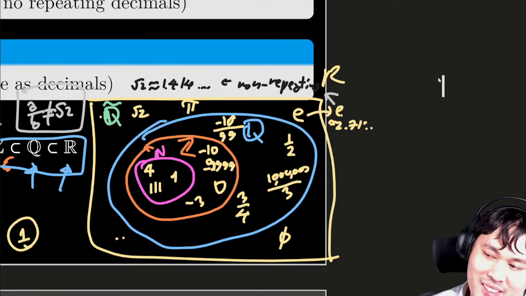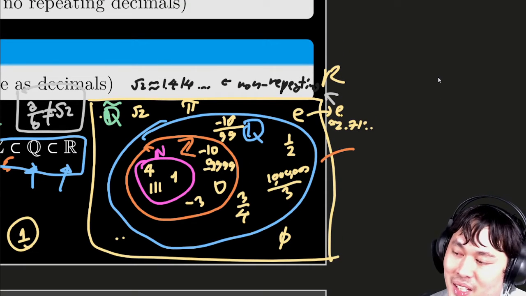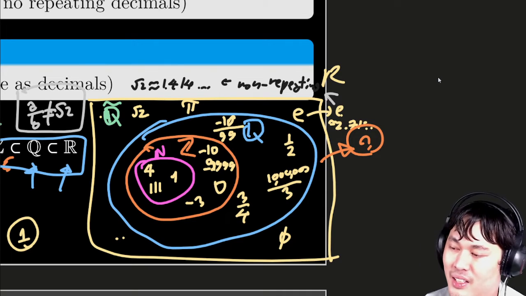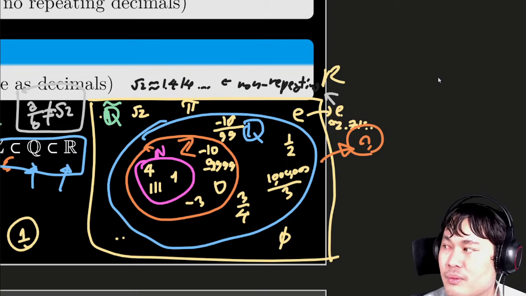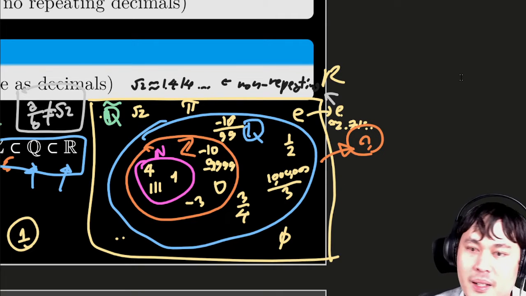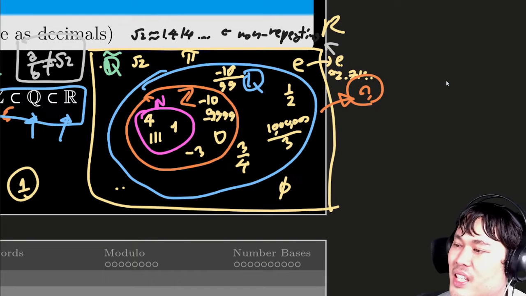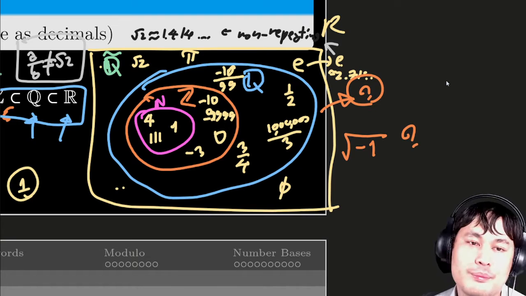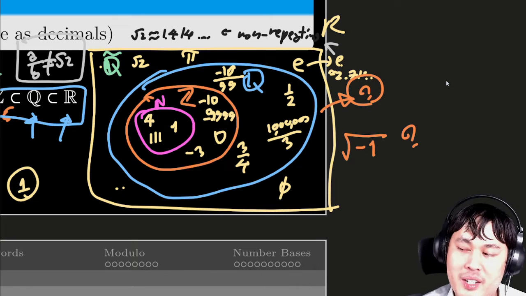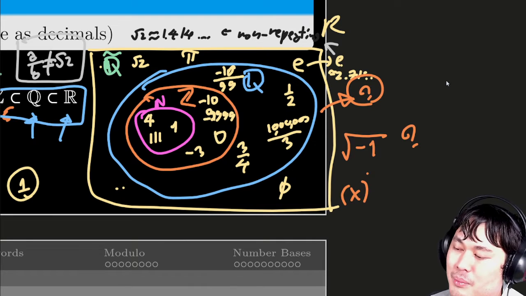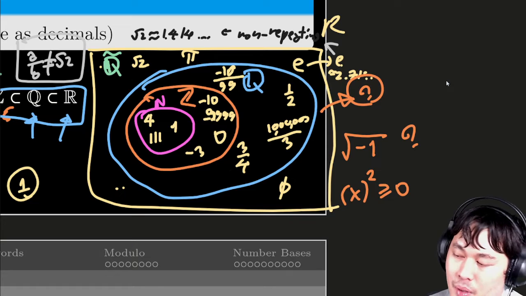But the question is, of course, is there anything else outside? Is there any number that we cannot express or cannot write as a decimal? Sure, there are more. If you know this famous number, the square root of -1. That's not a real number, because you know for a fact that if you square a number, you always get a number that is positive or 0.